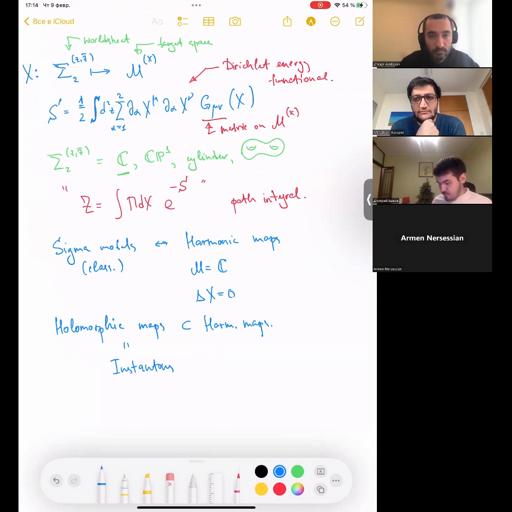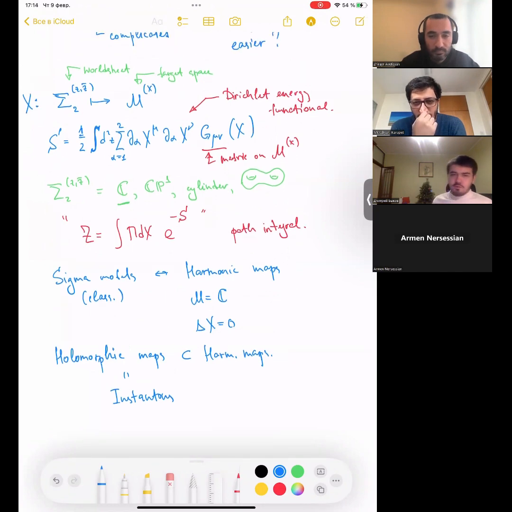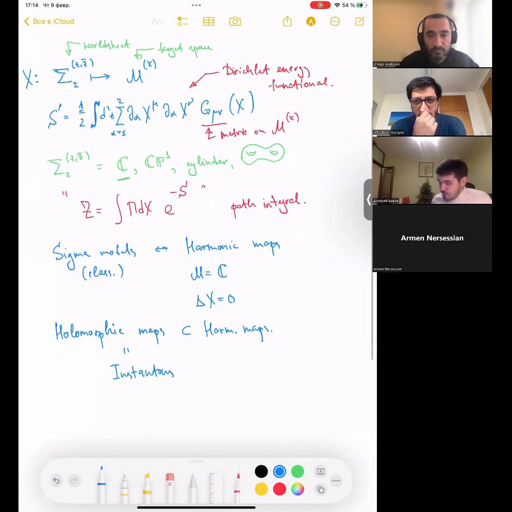To define them, you would have to pick a complex structure, and you can write what is called the Bogomolny inequality on this S, or in math it's called the Wirtinger inequality. So far it's not needed, but I guess it will be needed.